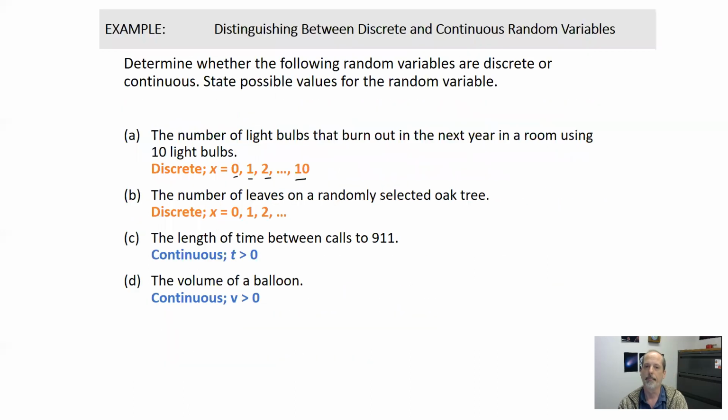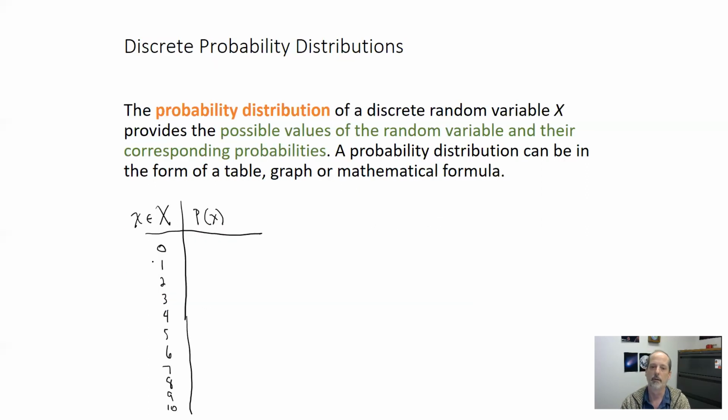So, the number of light bulbs that burn out in the next year. Here's the 0, and here's if all of them burn out. The probability of all of them burning out, maybe that's very low, so we might say something like a 1% chance of all of them burning out. And the chance of all of them remaining for a year, maybe that's pretty high, something like 0.85.